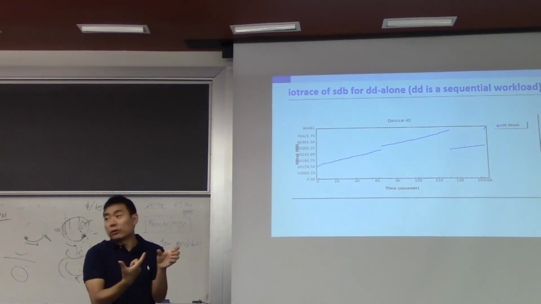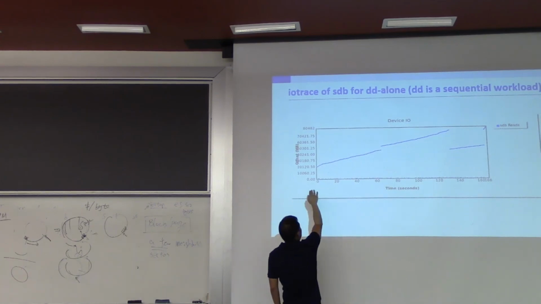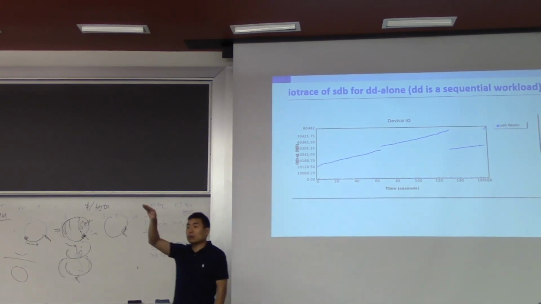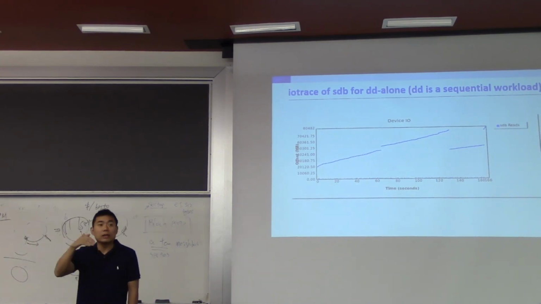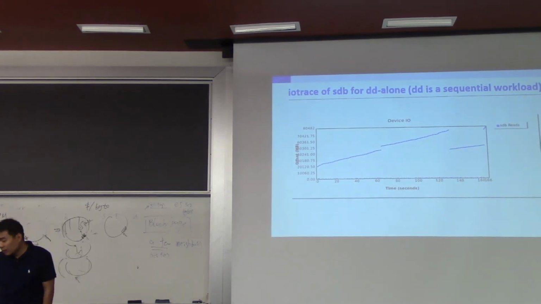As you can tell, given that the offset value is a linear line going up, obviously I'm doing a sequential access. I'm reading sequential offset values from those locations. So far so good. And this is my sequential workload.